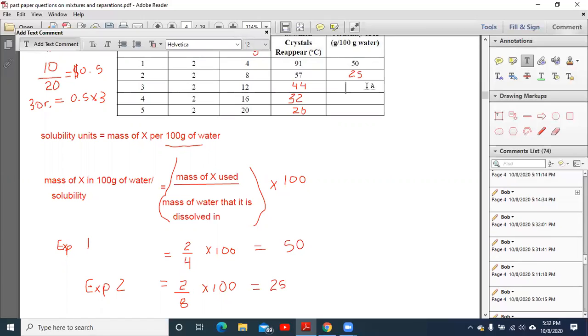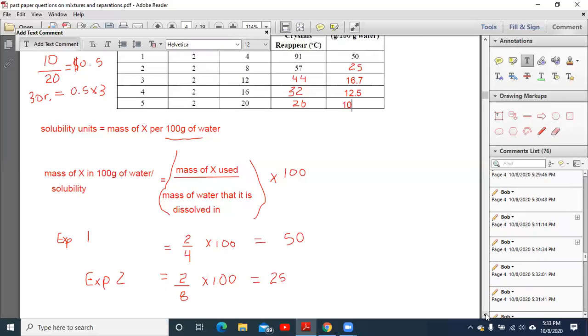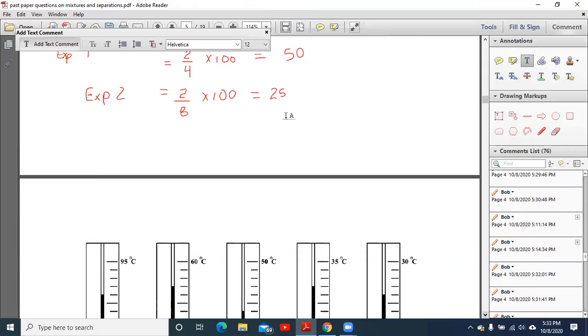For the third one, you should have 16.7. For the fourth, you will have 12.5, that's grams per 100 grams of water. And for the final one, should have 10. And that should complete showing all your working though.